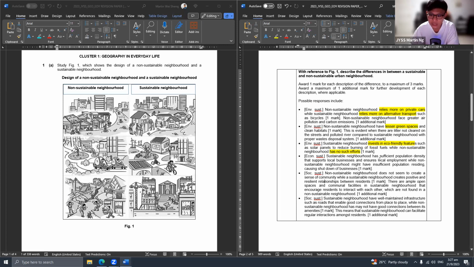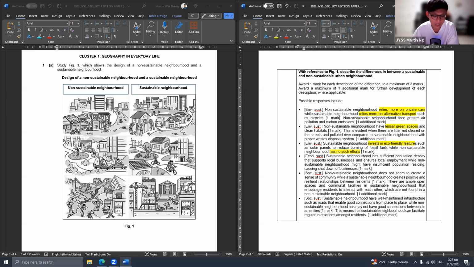So for economic sustainability, they are talking about the population density to support the local businesses. So if we look at the image, we can see that clearly the houses are being more concentrated in a sustainable neighborhood. So these houses are looking the same, but these houses over here, they are better built, and then they allow more people to live in them.